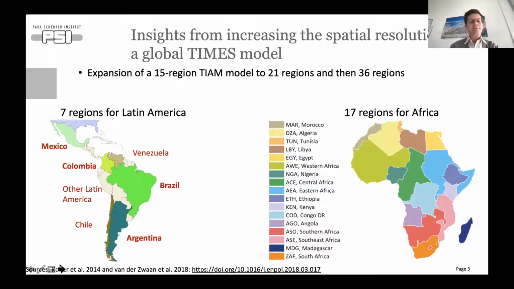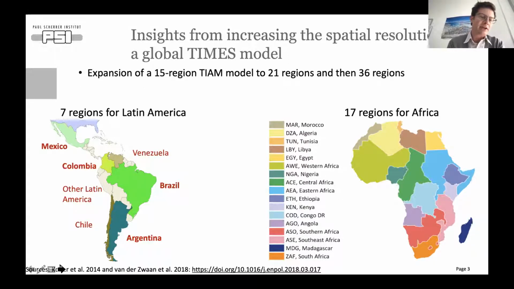Chile is an IEA member country, so there's also good statistical data available, and also given the fact that the energy structure in Chile is different with availability of natural gas resources compared to Argentina, for instance.